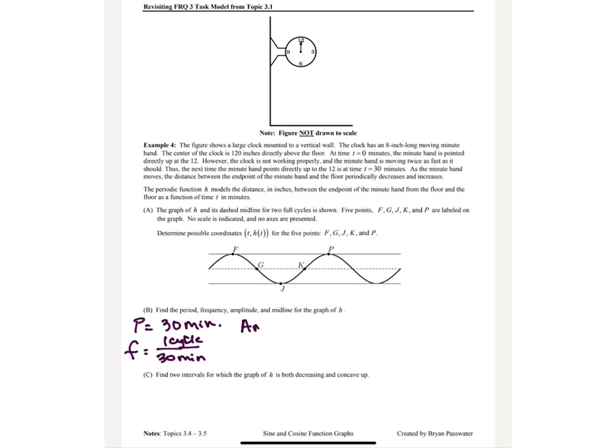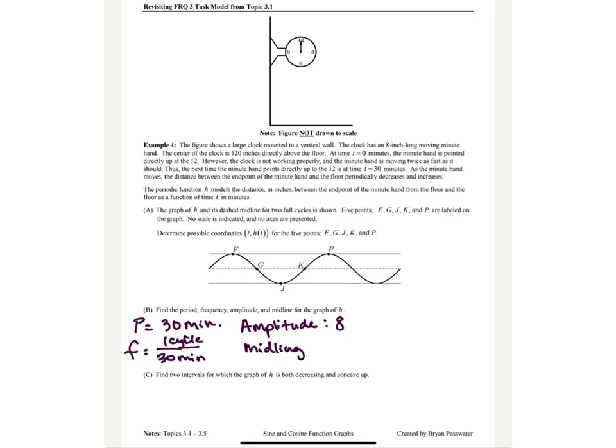Amplitude. Based on what? 8? How do you know? It's the radius of the clock, right? 8 is the radius of the clock. It's the distance from the midline to the peak. So 8 for your amplitude. And where is the midline located?